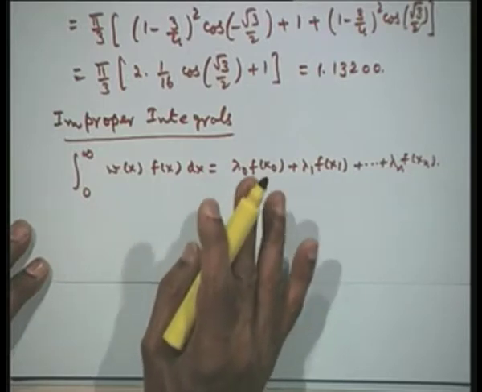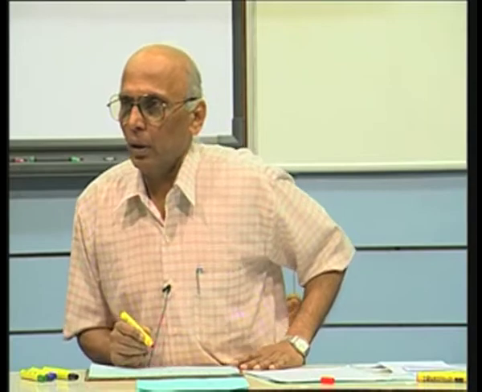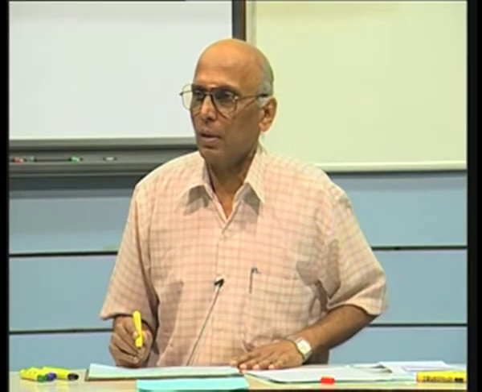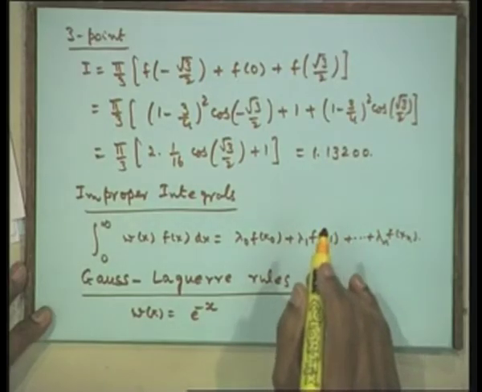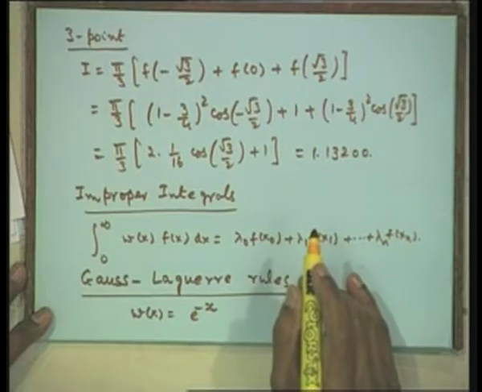They are called the Laguerre orthogonal polynomials. As I mentioned earlier, these orthogonal polynomials are the solutions of the differential equations that belong to the Sturm-Liouville family, which are variable coefficient differential equations.